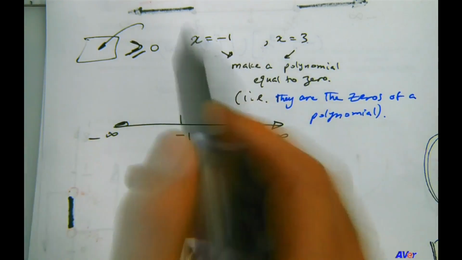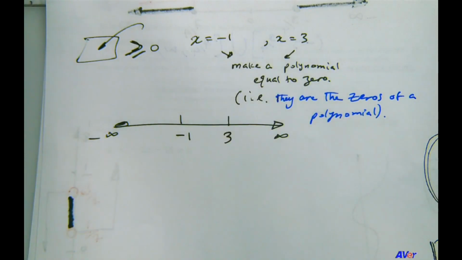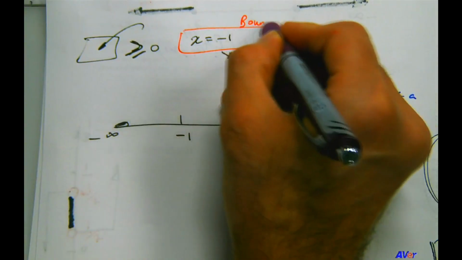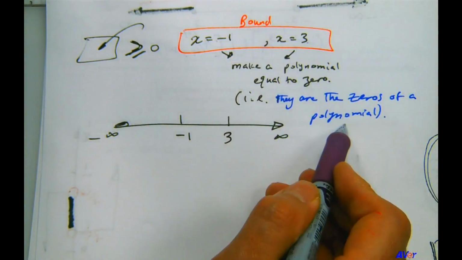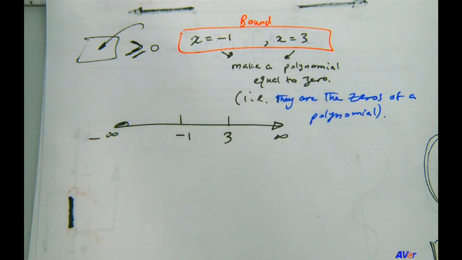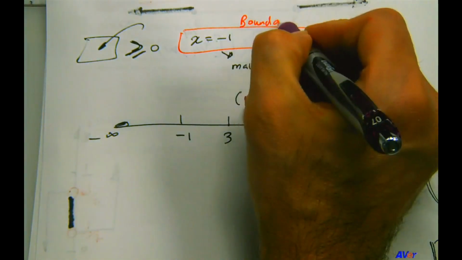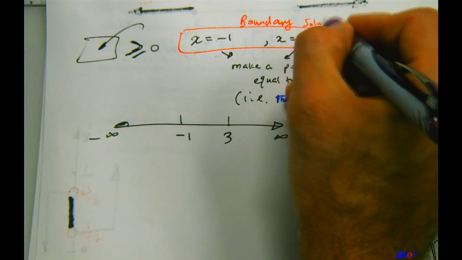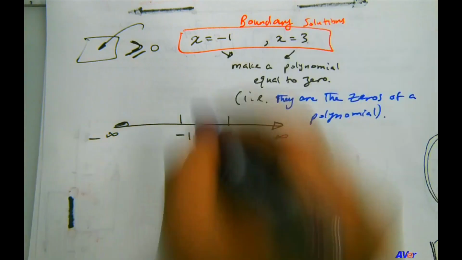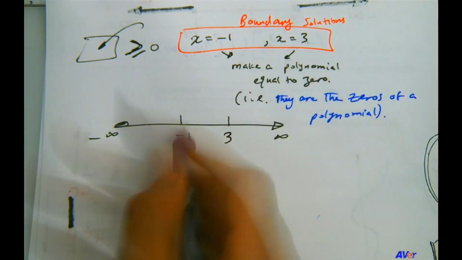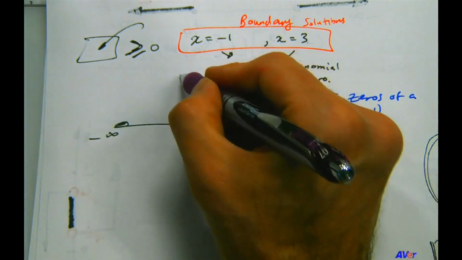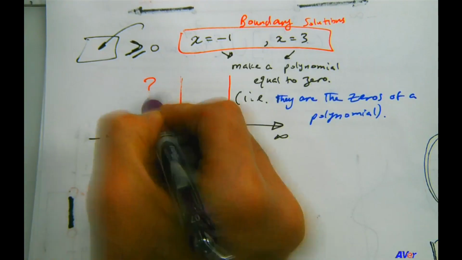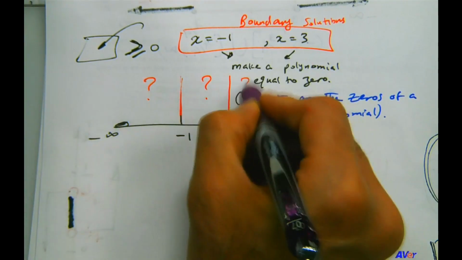So if we didn't have these numbers, and I will call them boundary solutions. They are the zeros of a polynomial, but because of the way we're going to use these numbers, it's more suitable if we call them boundary solutions. So these become boundaries. Boundaries of what? Boundaries of regions that we can check. So we can check here, here, and here.